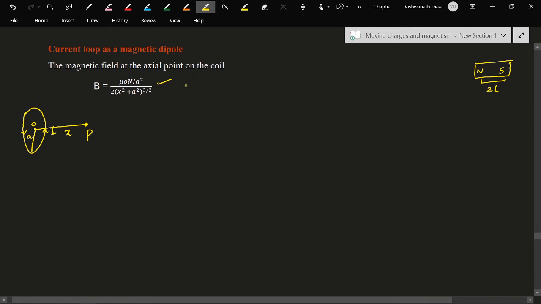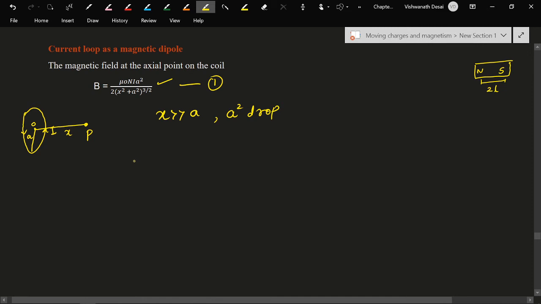I will call this equation 1. Suppose x is very much greater than A, then we can drop the A square term in the denominator.